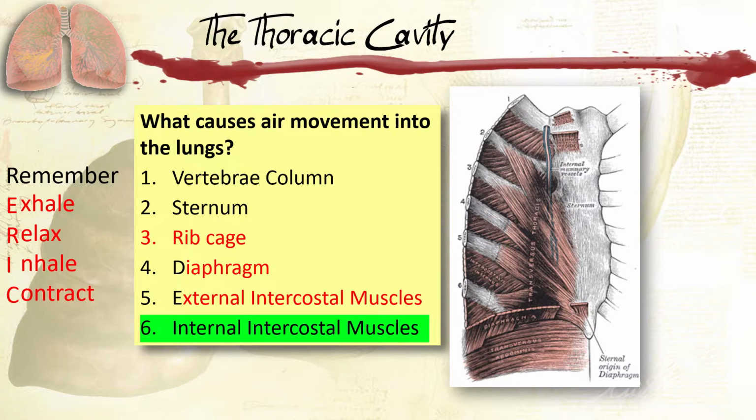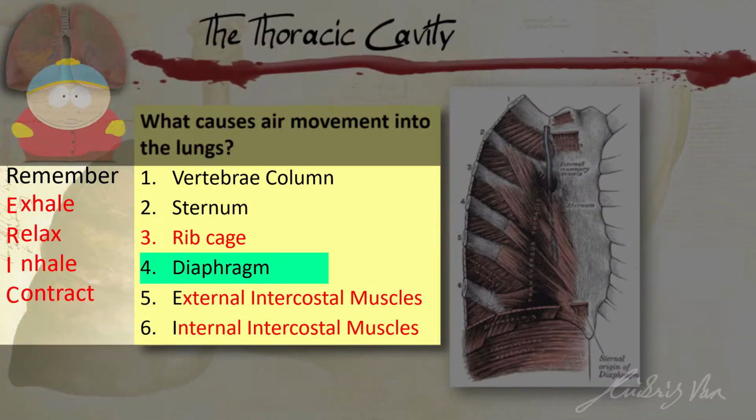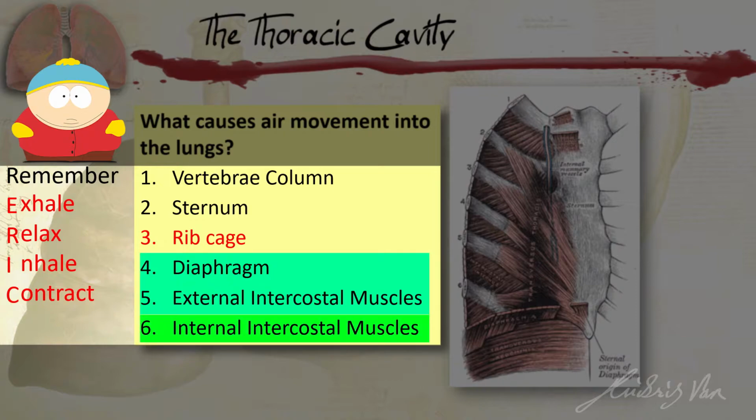Whatever the external intercostal muscle does, it will do the opposite. So when the external intercostal muscle relaxes, the internal one will contract. When the external contracts, the internal will relax. So very simple. You just have to remember ERIC. When you exhale, the diaphragm will relax. When we inhale, the diaphragm will contract. And external follows diaphragm. Internal is the opposite.